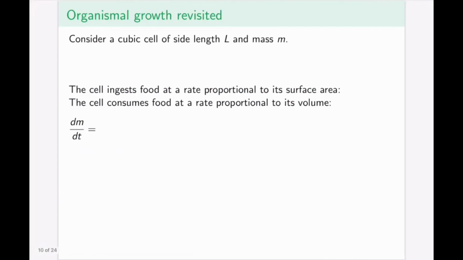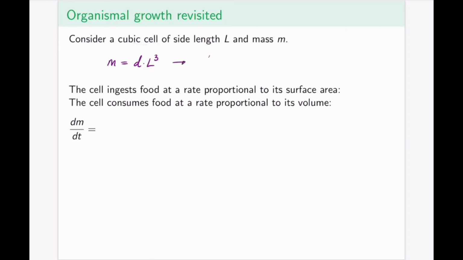We're going to see a couple of applications and how to apply our general formulas to particular cases. The first one is the organismal growth problem that we have seen previously. So let us remind ourselves that we stated that the mass of the cell is equal to density, which is a constant, times volume, which in the case of a cubic cell is simply the length of the side cubed.